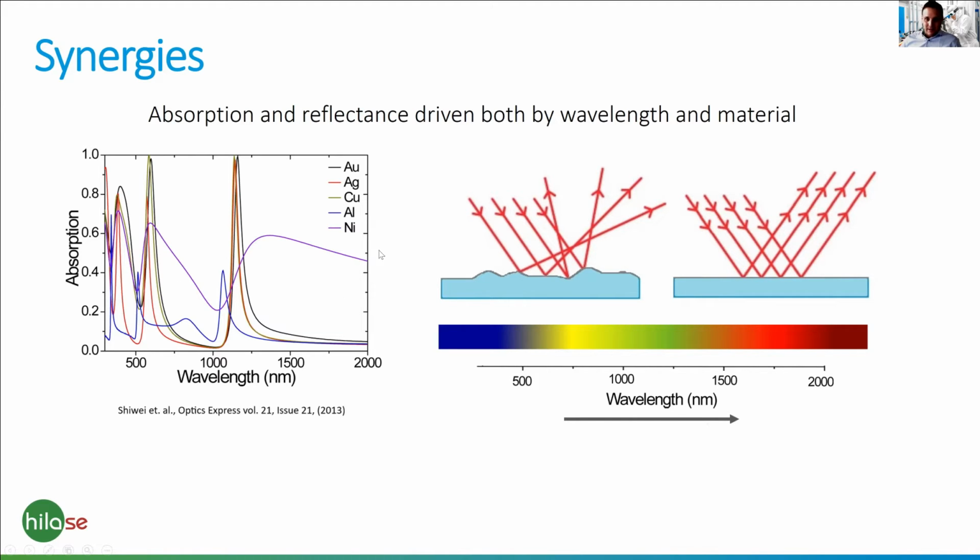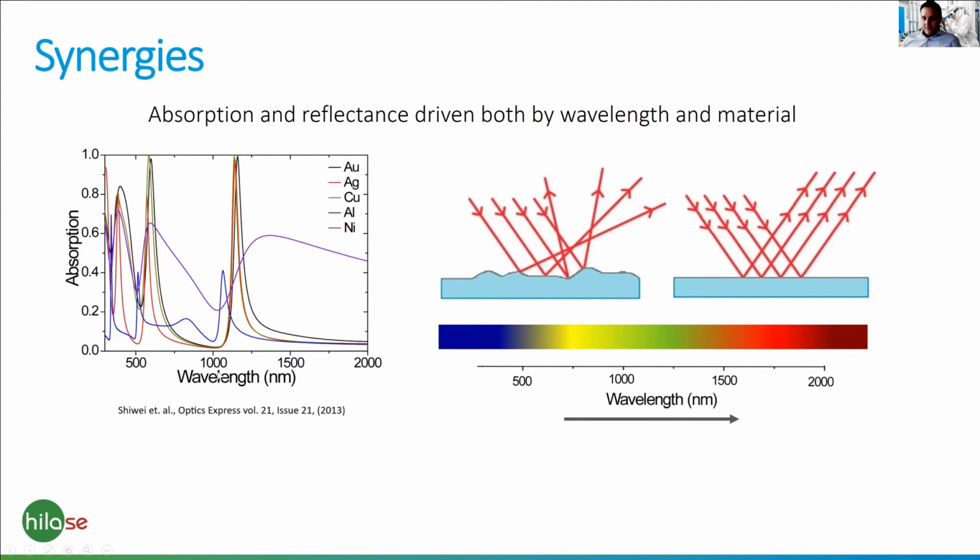When you consider absorption of metals, you can clearly see that there are some absorption peaks where the light will be absorbed very well, depending on the wavelength, and also regions where the absorption is very low, and the material will basically reflect everything impacting it.